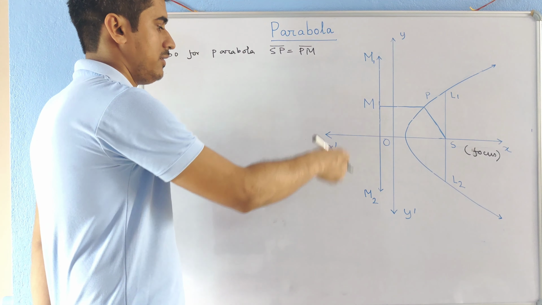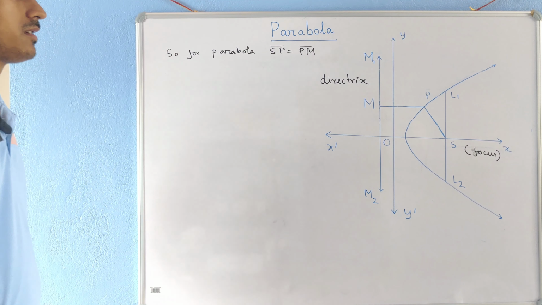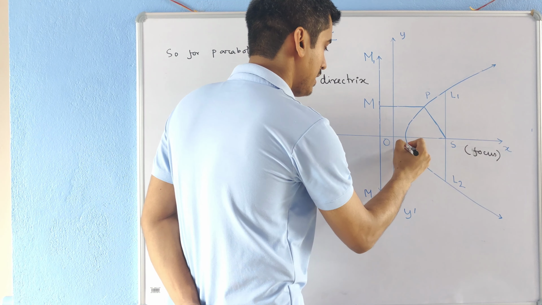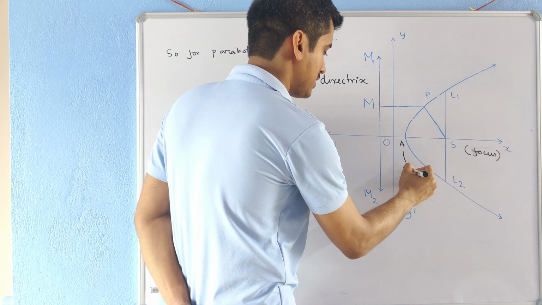The fixed line on the plane is called the directrix. The point A is known as the vertex of the parabola.